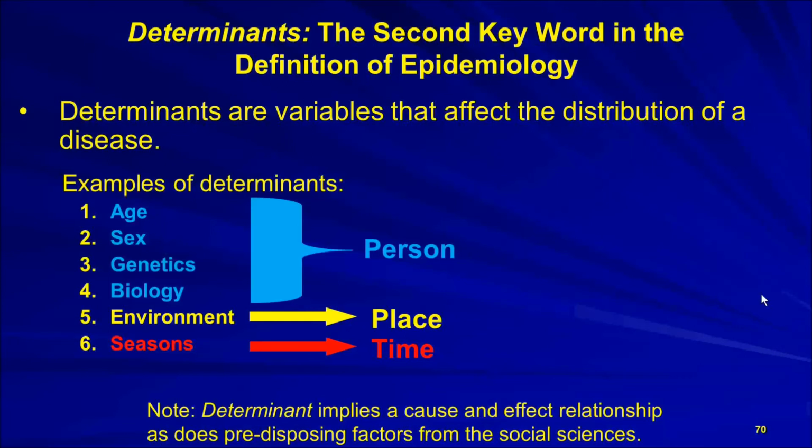So a determinant, again, implies a cause and effect relationship, as do predisposing factors from the social sciences. When they're looking for a determinant, they call it a predisposing factor, but you see that we're using determinant when we talk about epidemiology.